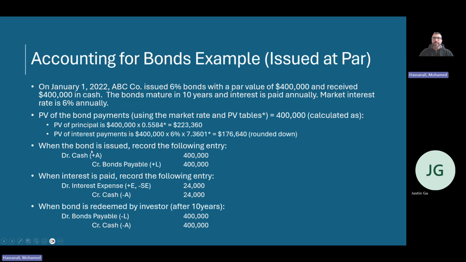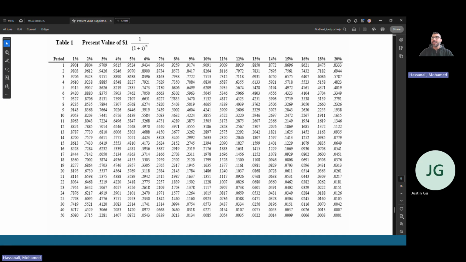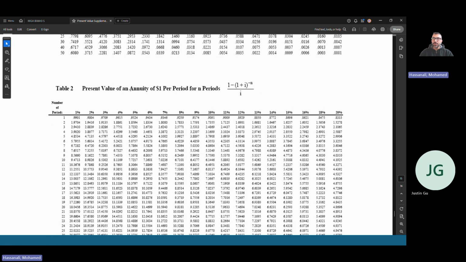The next thing we're trying to calculate then is the present value of the interest payments. So the interest payments are the principal times the interest rate, which is 6%. That'll give you the interest payments that you're paying, times a number we need to figure out from the present value table. So we go back to the table here, and now we're going to the annuity table, which is the second table.